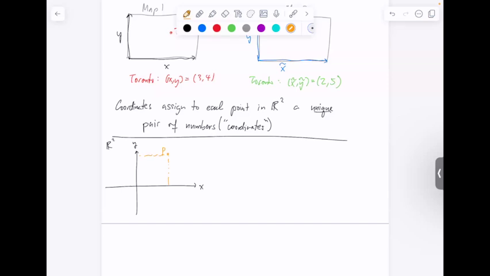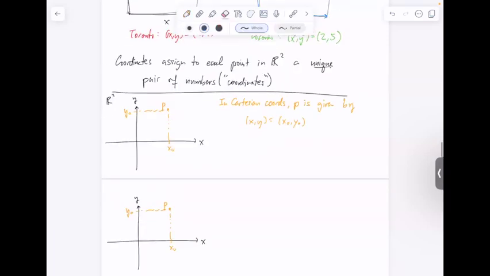There are X naught and Y naught coordinates in the XY coordinate system, where in Cartesian coordinates, P is given by the pair X, Y equal to X naught, Y naught, or for any pair. So it could be 1, 2, or whatever, right? This is something we're very familiar with, hopefully.